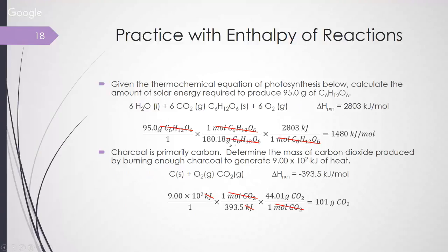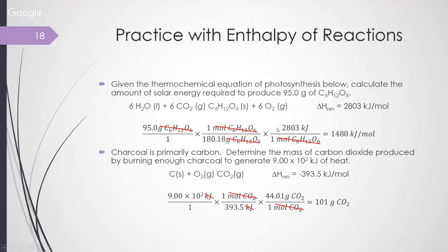So my first step, I start with 1 mole on the top and the molar mass on the bottom. Then I see that for every 1 mole of the reaction, I'm going to get 2,803 kilojoules. So grams of glucose cancel, moles of glucose cancel, and then I'm left with my units of energy.